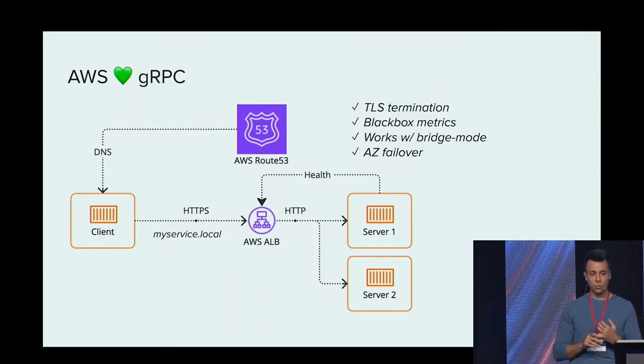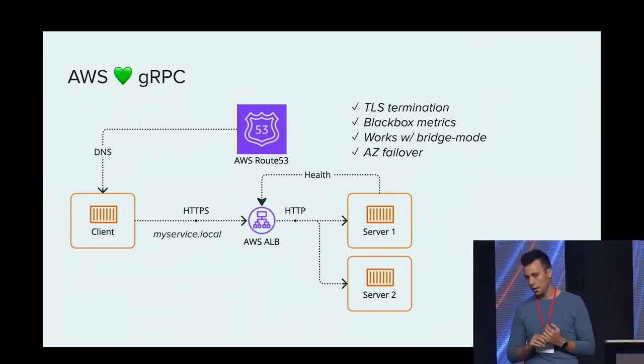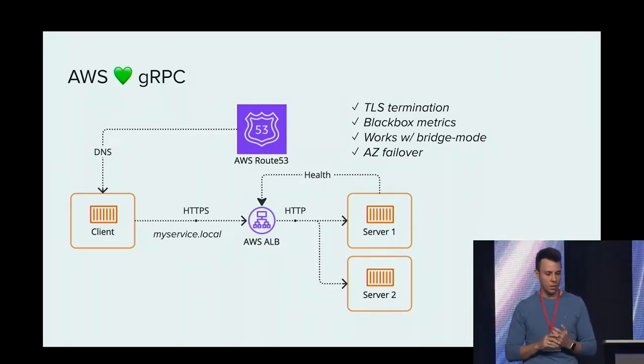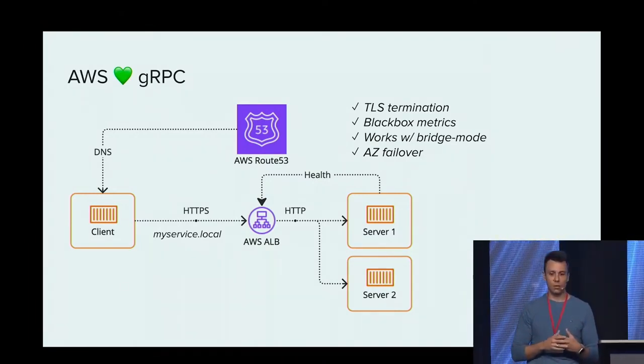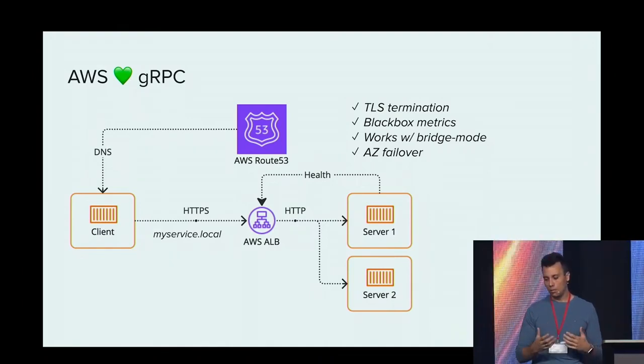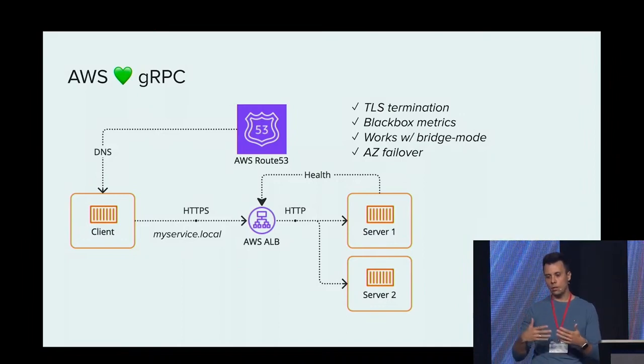It works with bridge mode. This is, again, a more advanced tip. If you deploy your containers on, let's say, an EC2 instance, there is a limitation on the number of virtual interfaces that you can attach to it, and if you want to use the same port number for all your gRPC services, it's a little bit tricky to get.